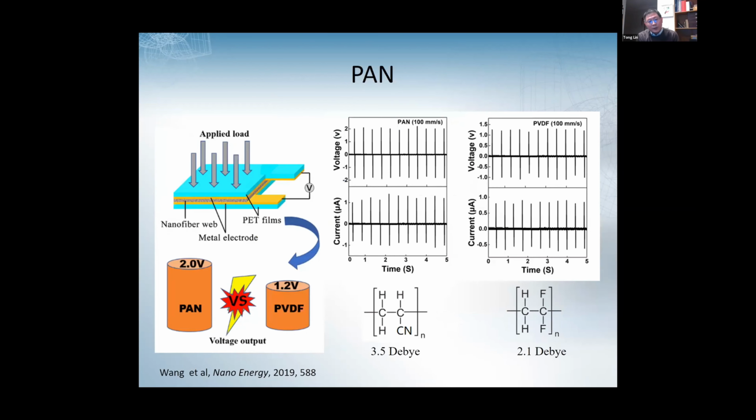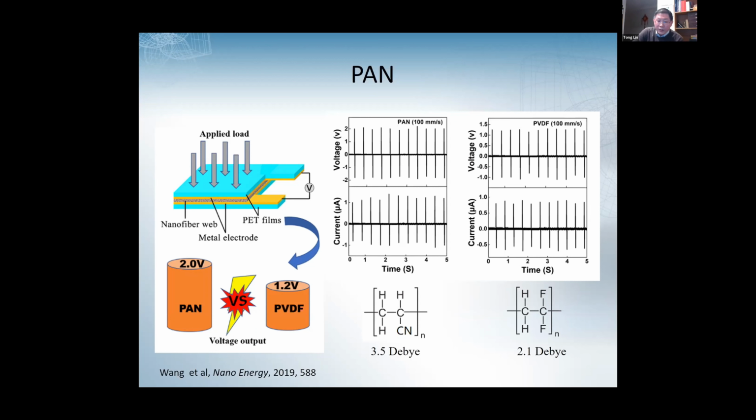We also found electrospinning is a very good technology to release the piezoelectric potential of polymers. A long time ago, people thought PAN should have a strong piezoelectricity, even better than PVDF, because PAN has a larger unit dipole moment than PVDF.